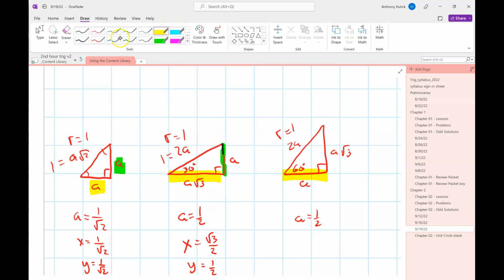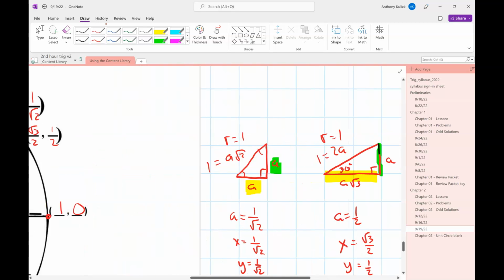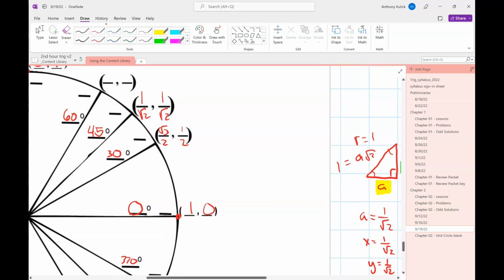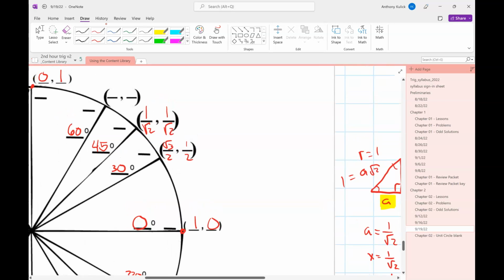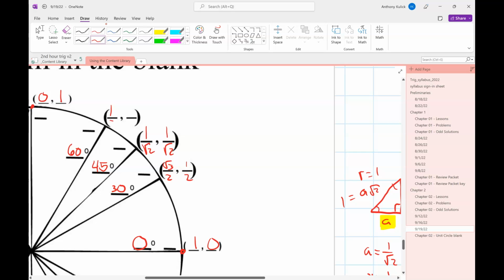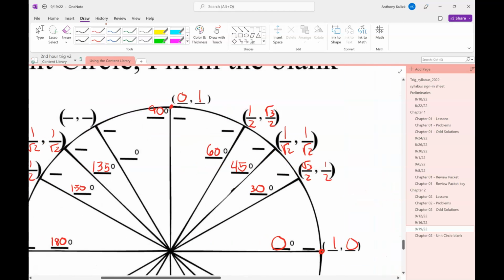But this time, x is going to be the 1/2. And y is going to be the root 3 over 2. Again, in the first quadrant, everything is positive.